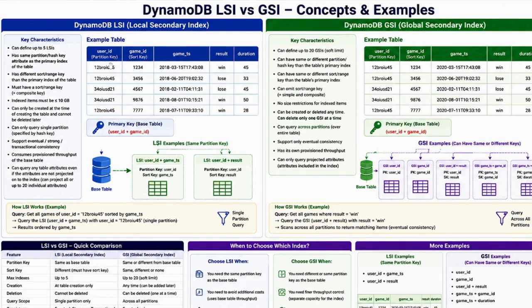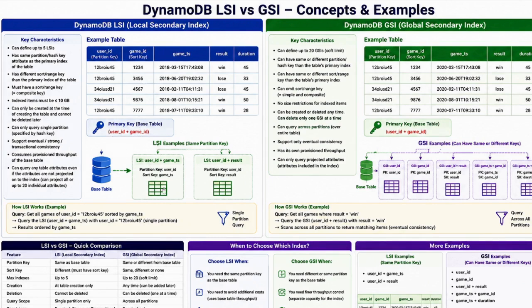So if your table has been created, for example, in this case, if the partition key is user ID and sort key is game ID, so your user ID is the partition key. So this is going to be mandatory in the local secondary index. So just keep that in mind. And whatever other column that you use, that will be in addition.